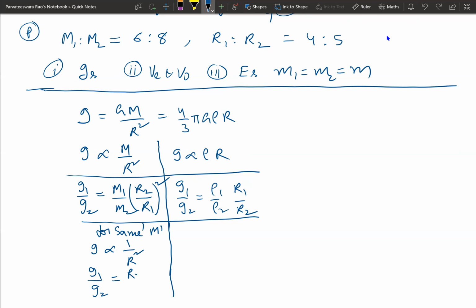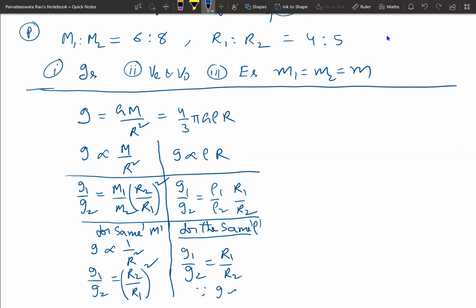So g1 by g2 is R2 by R1 whole square. Next, for the same density, g1 by g2 is equal to rho 1 by rho 2 since g varies directly as R. Correct?